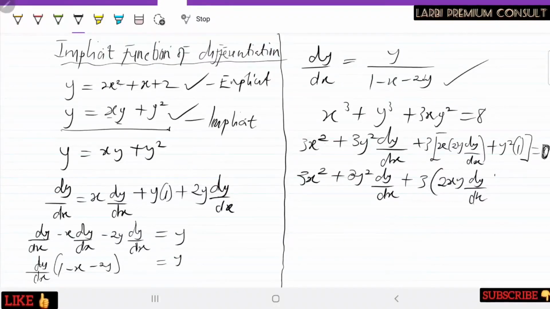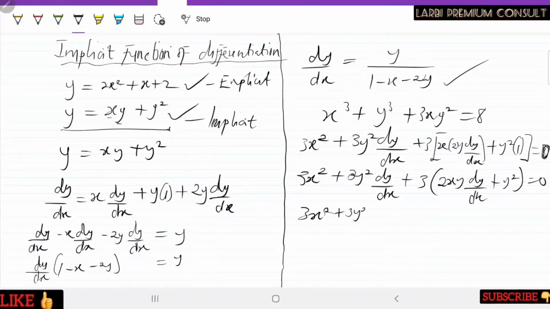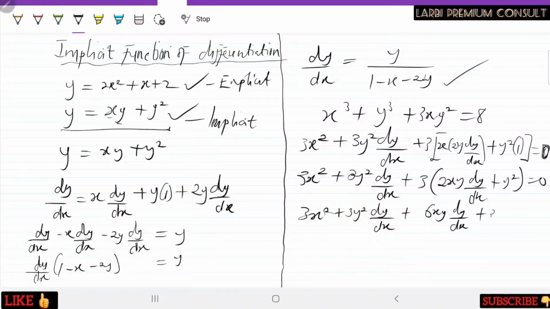Okay. Plus y squared is equal to 0. So here it becomes 3x squared plus 3y squared dy over dx plus, so let's expand it. So it becomes what? 6xy dy over dx plus 3y squared, that's equal to 0.